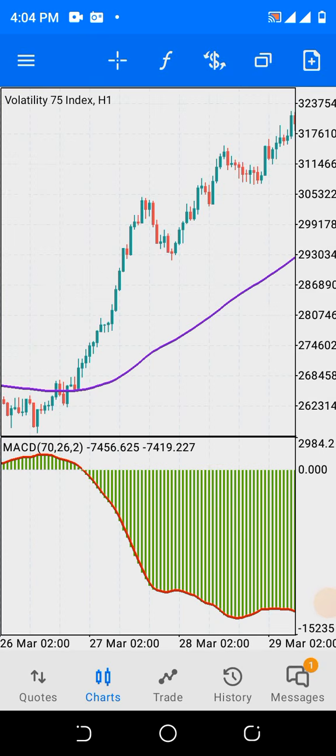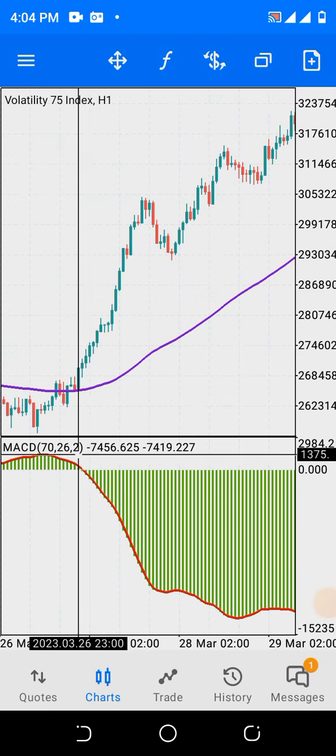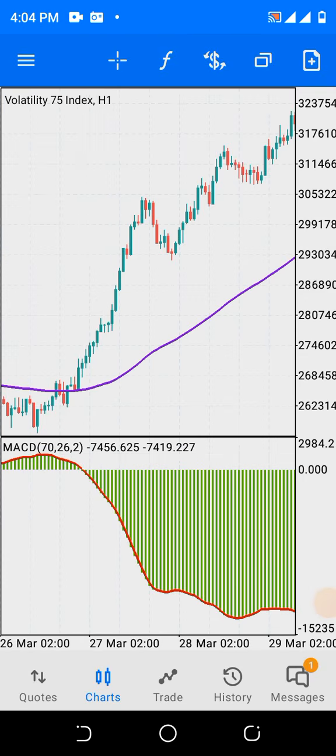If you look at my screen now, there are two sides: the indicator side with MACD, and the chart side. Here, from the side of MACD, you will see the crossing of MACD from up downwards.